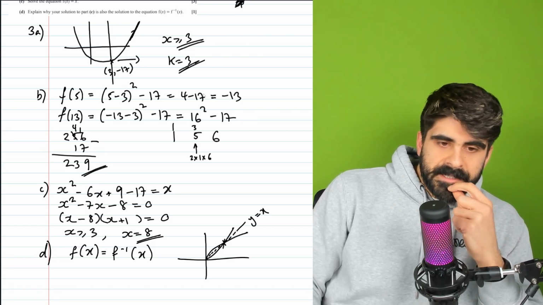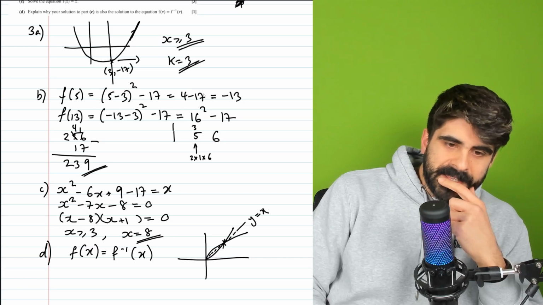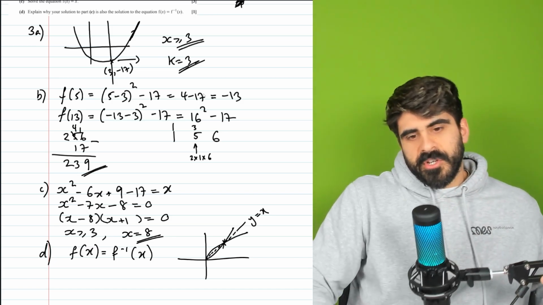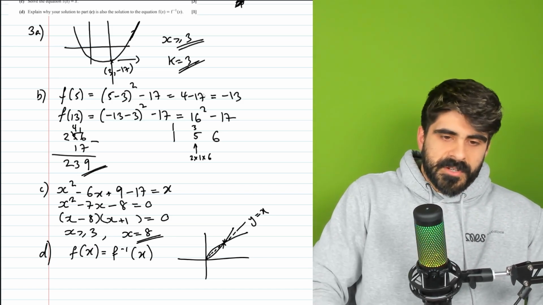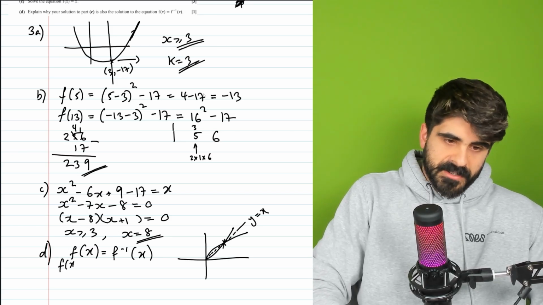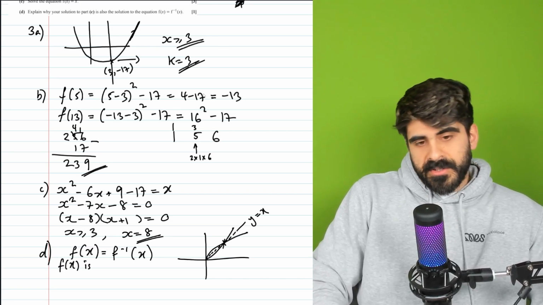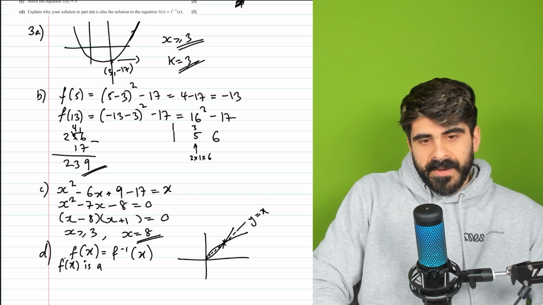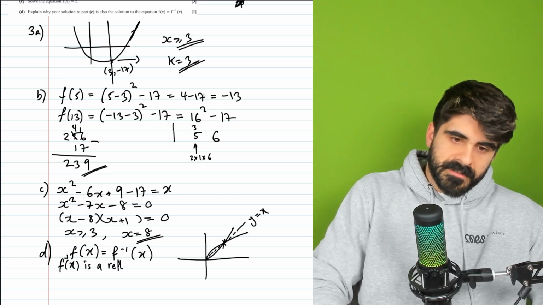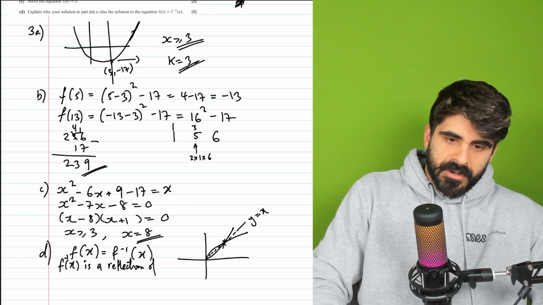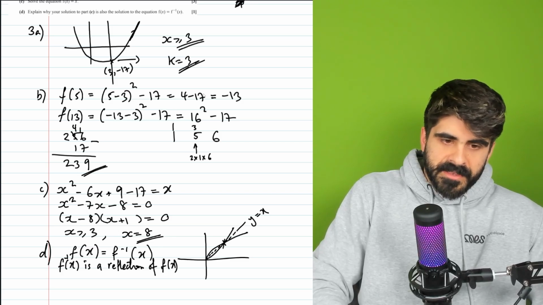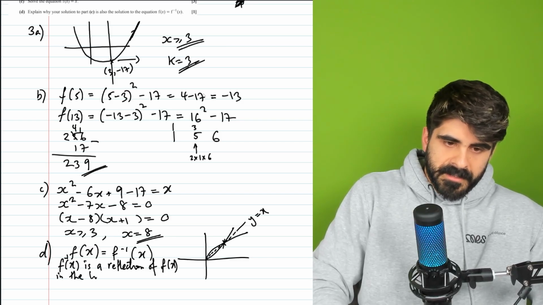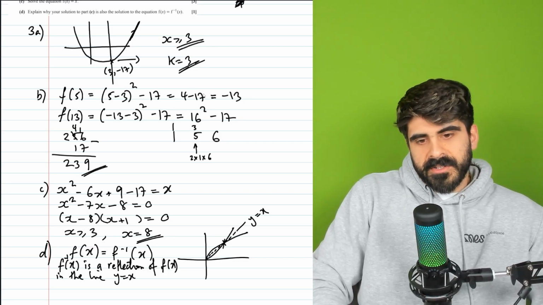Okay. Do they want another way of explaining this? So we could explain, okay, f minus 1 of x is a reflection of f of x in the line y equals x.